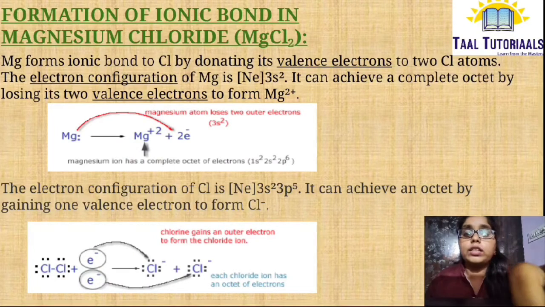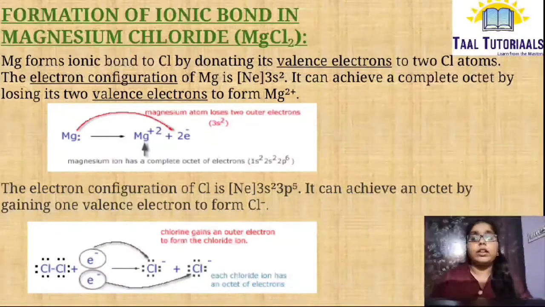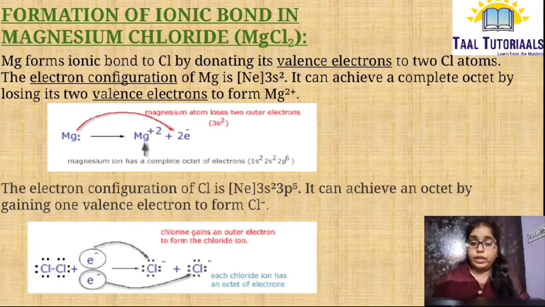Here you can see magnesium giving 2 electrons to chlorine. See, they have 7 before and after they get 1 electron it becomes 8, that is a stable electronic configuration.